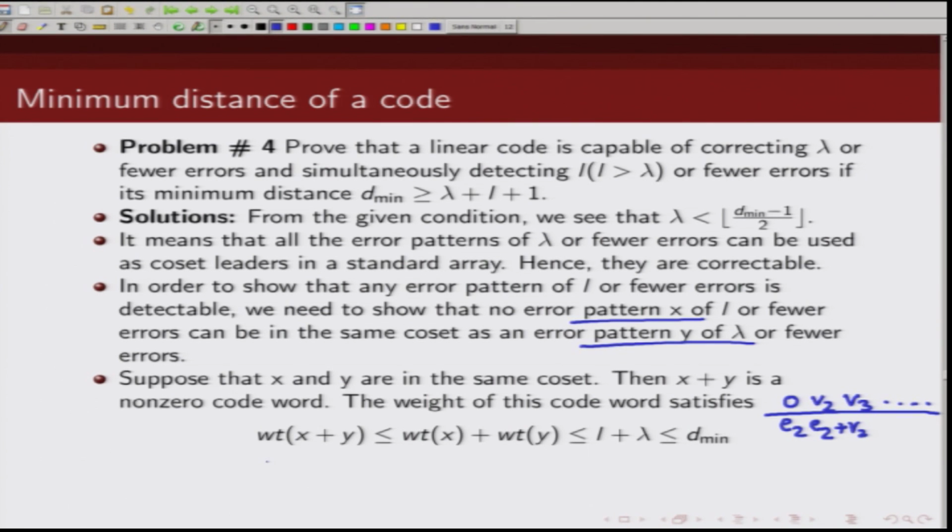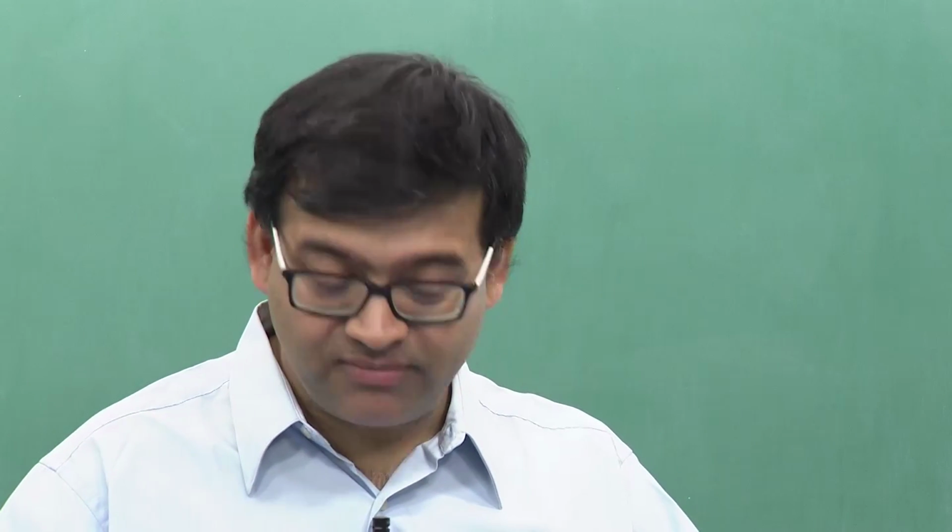But what we have shown here is that the weight of x plus y is less than d min. If x plus y is a valid code word, its minimum weight should be at least d min.